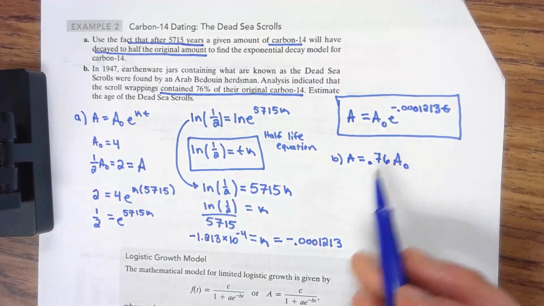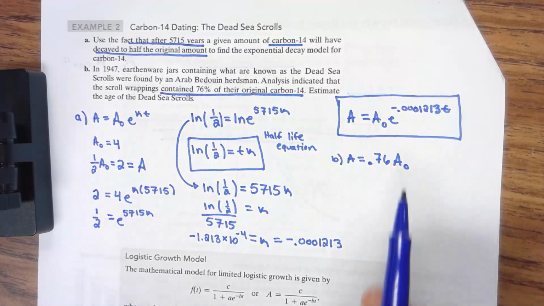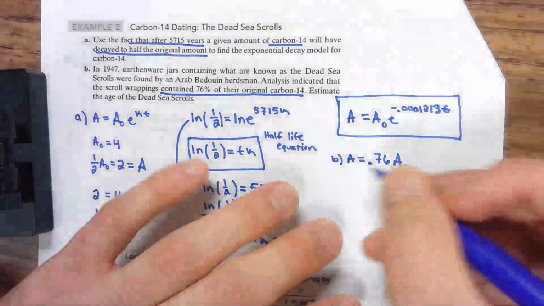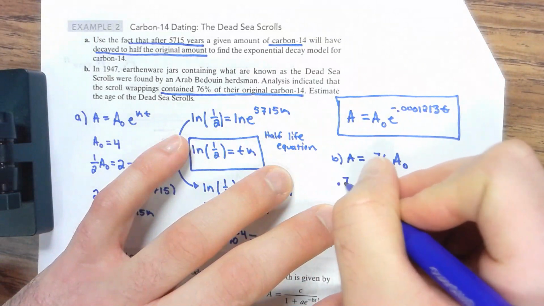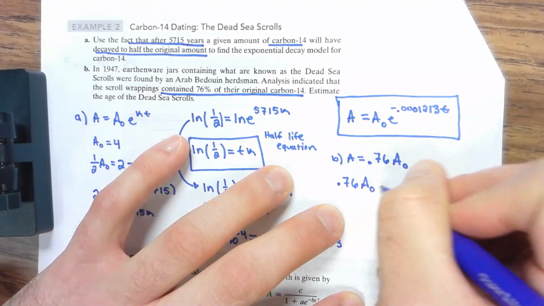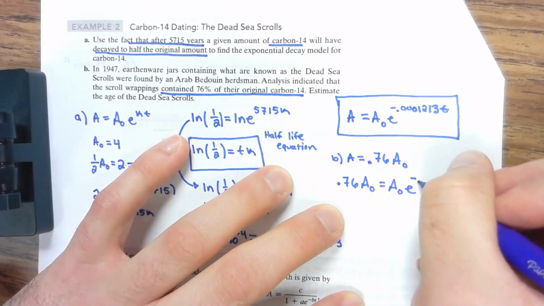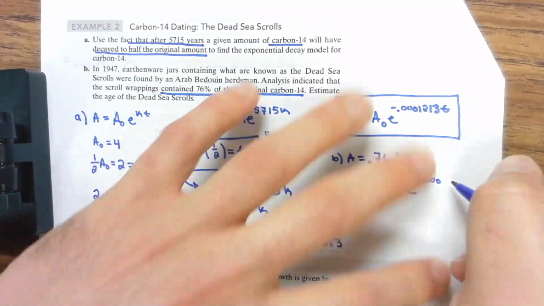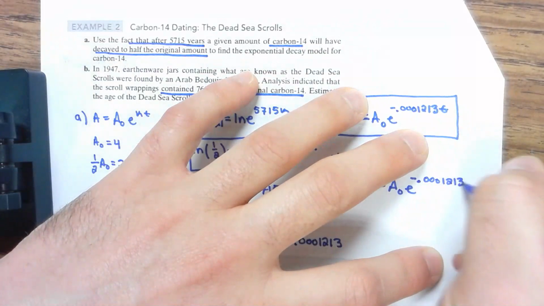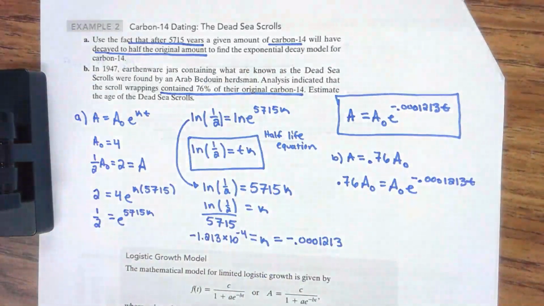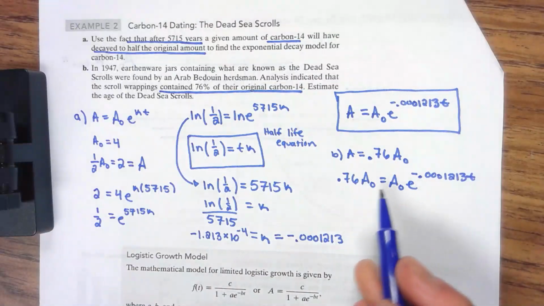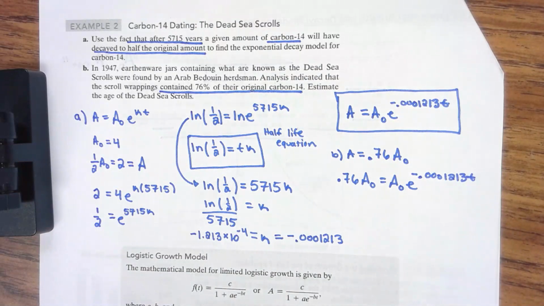And we're going to use that in the equation to work on coming up with this age. So we have 0.76 of the starting amount equals the starting amount, and then e to the power of negative 0.0001213 times the time.